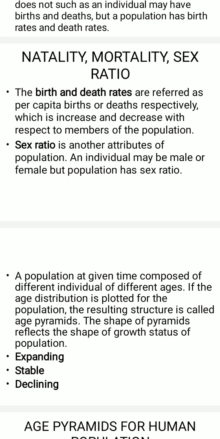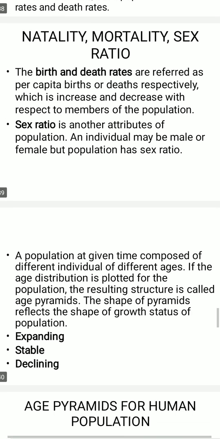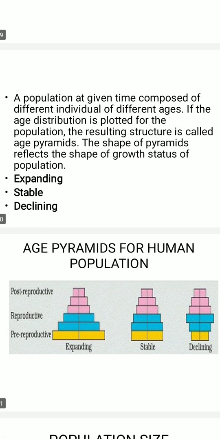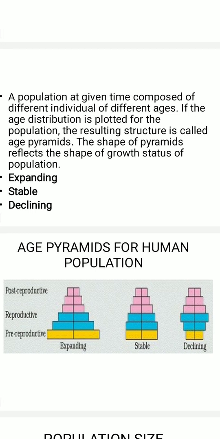For human population, age pyramids generally show the age distribution of males and females in a combined diagram. The shape of the pyramid reflects the growth status of a population. It may be a growing, that is expanding, population, or a stable population, or a declining population.